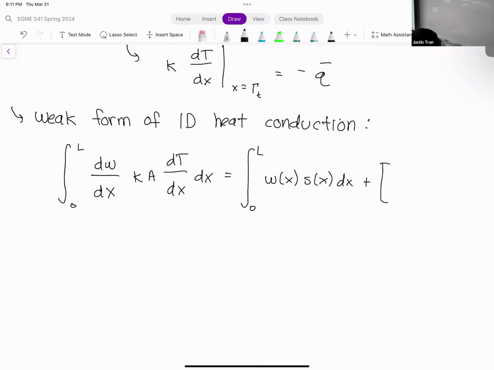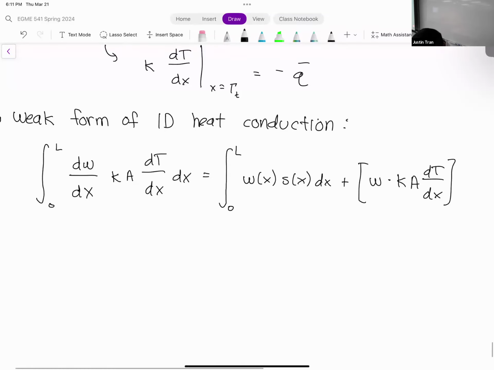So we have the quantity w times k times a dT dx, all evaluated at x equal to gamma T.